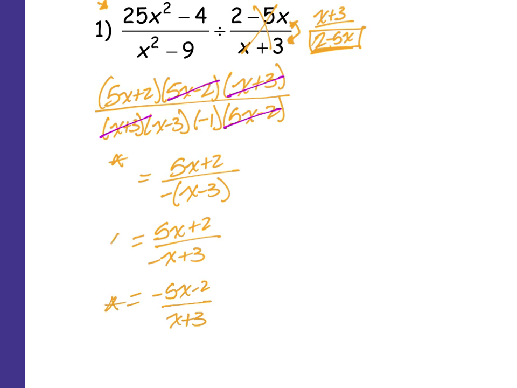So if you get a multiple choice answer, like on your ACT, you'll see one of the 3 answers. And it can be any of those 3 with the negative if you have to factor out a negative. So just know it could be any of those. I've seen all 3.